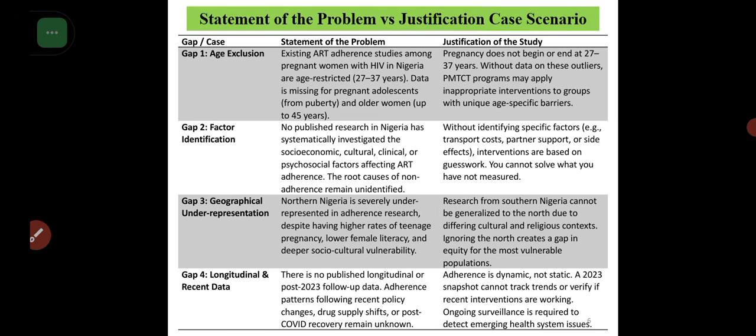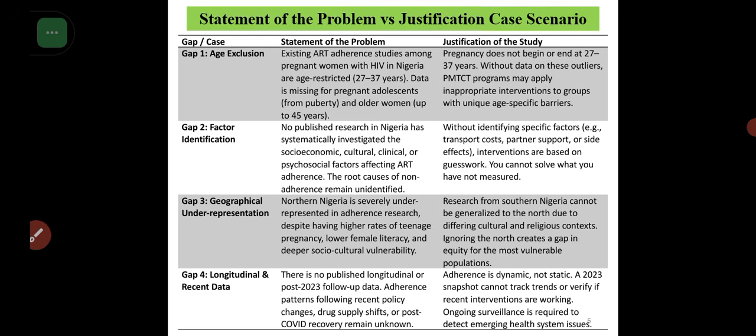Justification of the study: research from southern Nigeria cannot be generalized to the north due to differing culture and religious context. Ignoring the north creates a gap in equity for the most vulnerable population.